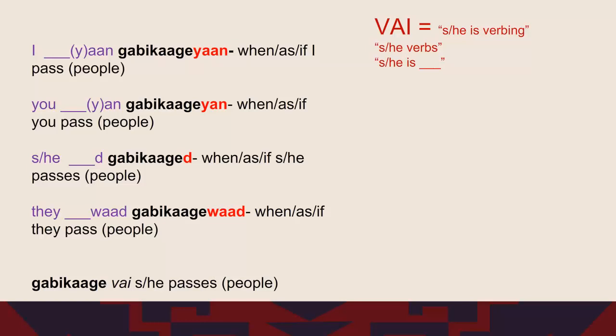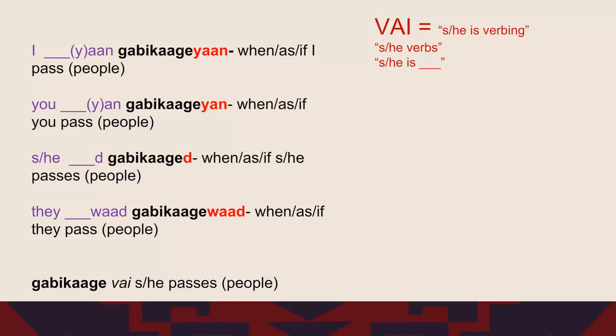So if you want to say when, as, or if I pass people, you'd say gabakageyan. When I pass people. If you want to say when, as, or if you pass people, you'd say gabikageyan.